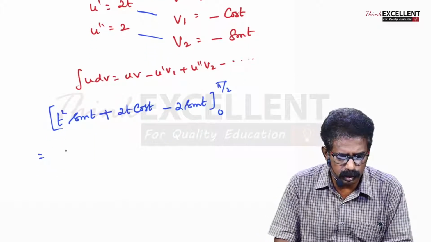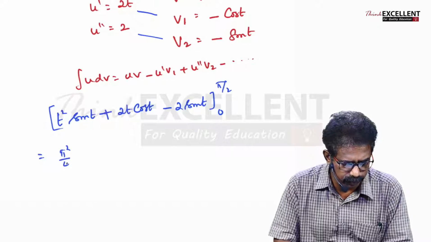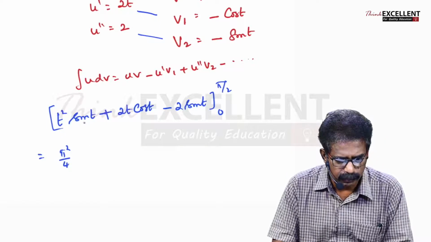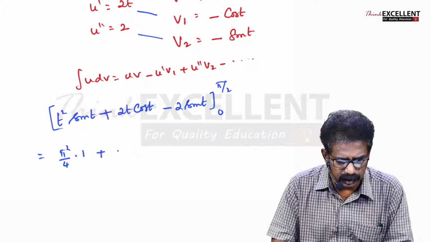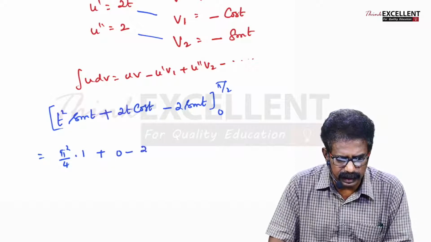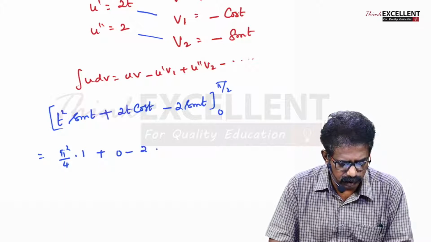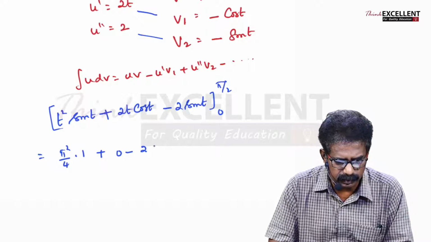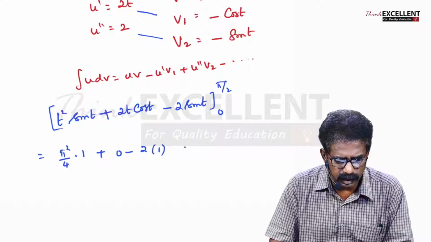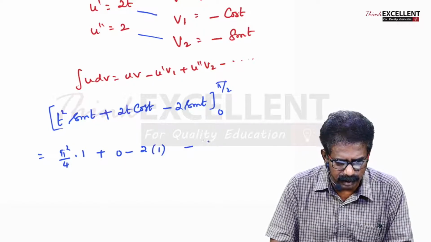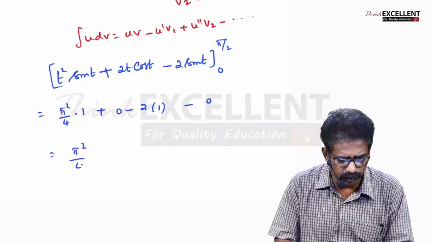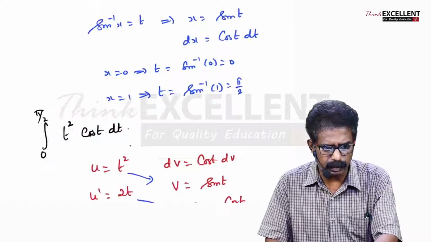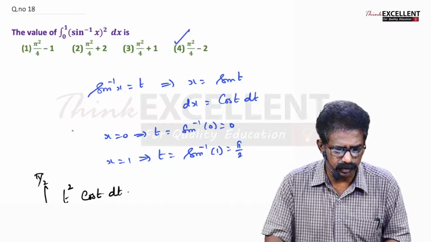So pi by 2 the whole square, right? So pi square by 4. Pi by 2 the whole square into sin 90 is 1. Plus, here cos 90 you will get, that is 0, minus 2 into sin 90 is 1, right? So this is what you are getting when you give the upper limit. When you give 0, the first term 0, second term 0, third term also 0 only, right? So your final answer is pi square by 4 minus 2. Pi square by 4 minus 2, that is the fourth option.